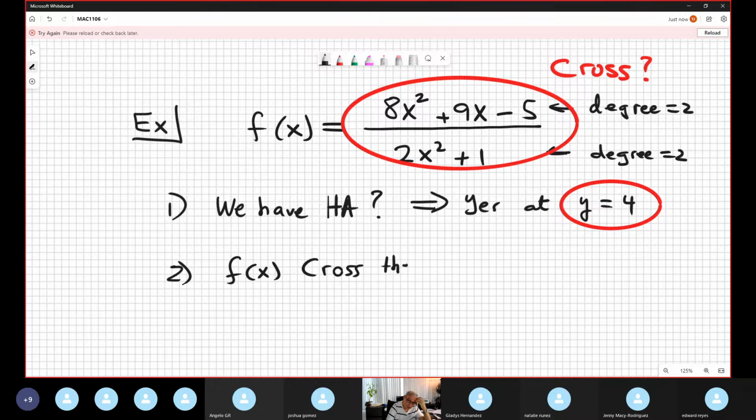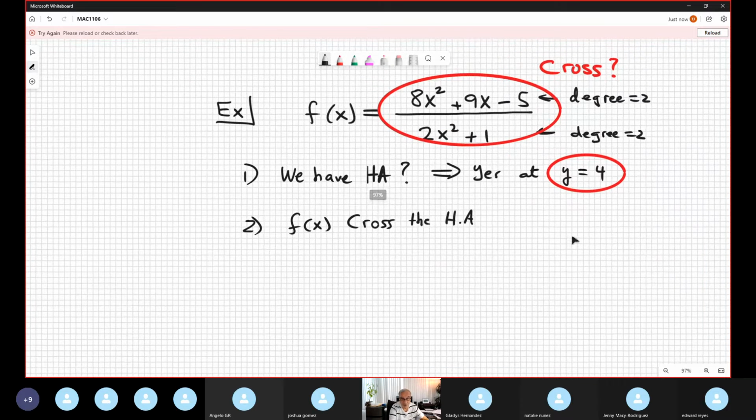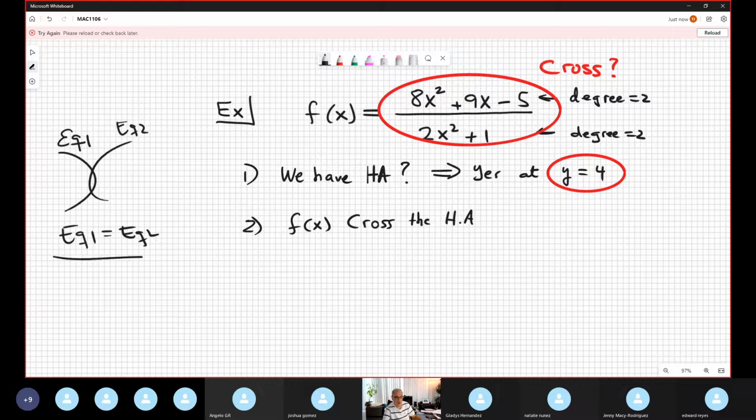The horizontal asymptote. It's easy. You remember when you want to investigate something, you put things together, right? You want to find whether this curve crosses it or not. You put the equation of the curve, equation 1, and the equation of the line, equation 2, equal to each other. If the answer is one value, nice, it's 1 point. If the answer is 2 values, nice, it's 2 points.